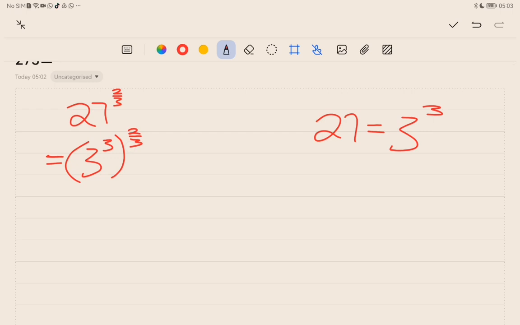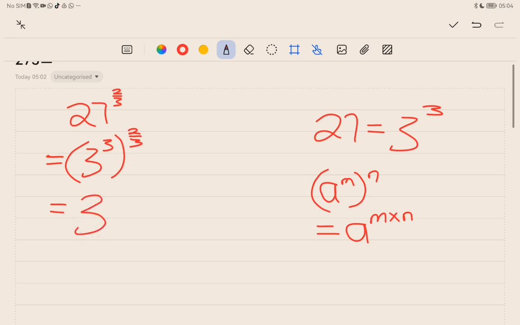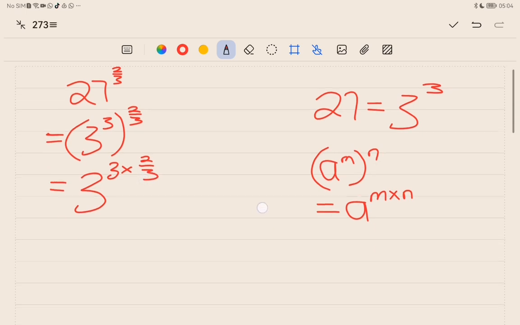So from here, we have to apply a law of exponents, which is represented in this way. Meaning that in our case, we are going to multiply 3 by 2 over 3. Then it is going to be 3 multiplied by 2 over 3.